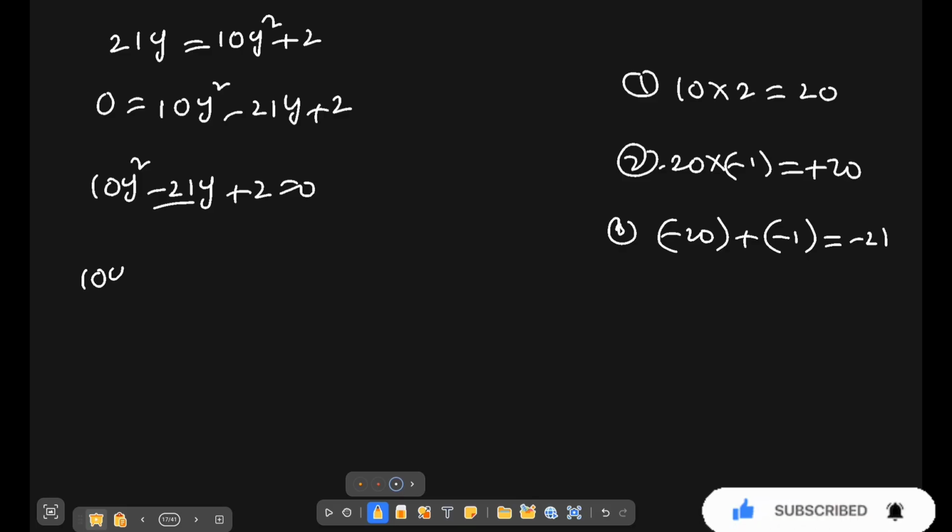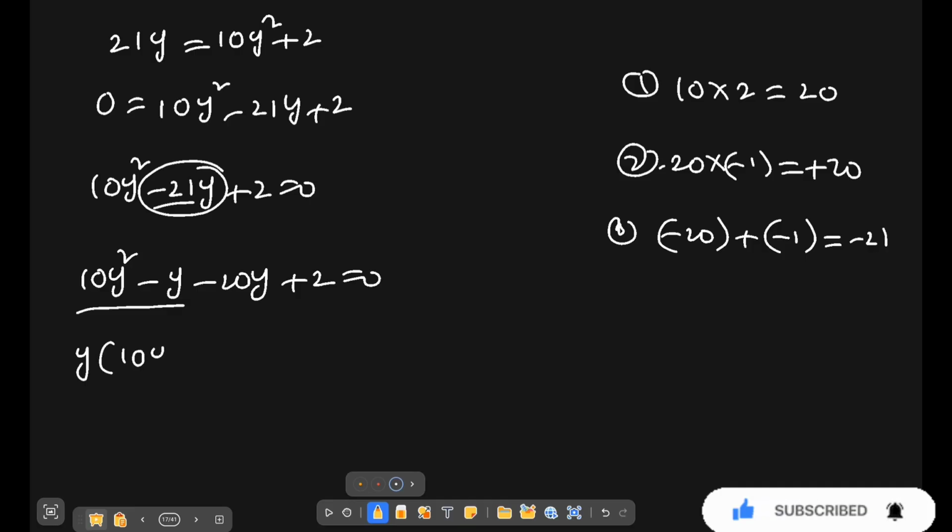Now in 10y square, the middle term minus 21y can be written as minus y minus 20y plus 2 equal to 0. From the first two terms we can take y common. So if we take y common, 10y minus 1, and from the next two terms we can take minus 2 common. If we take minus 2 common, we have 10y minus 1 equal to 0.